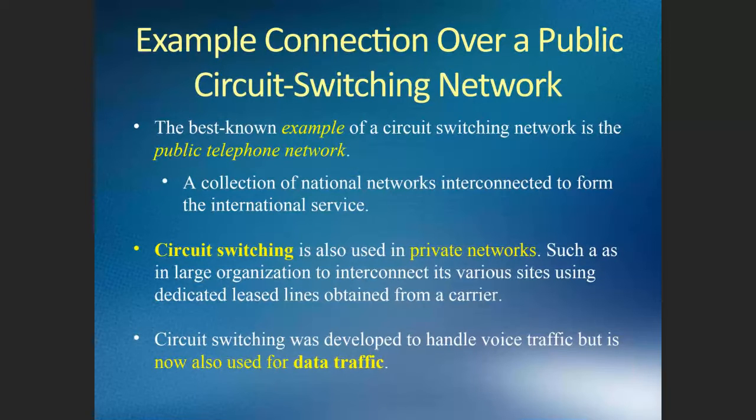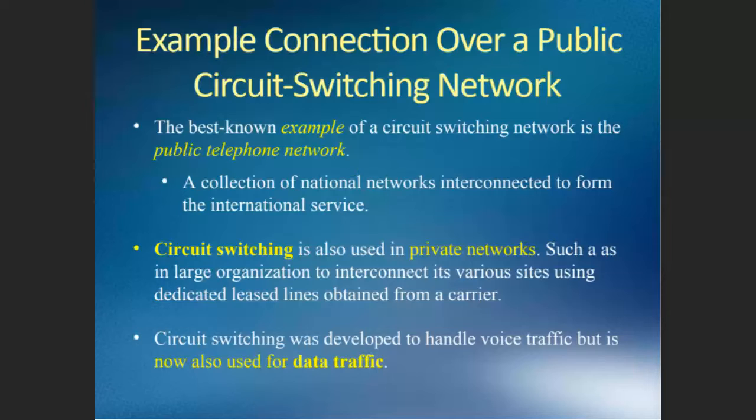So these are examples of connection over a public circuit switching network. The best known example is the public telephone network, PTN, a collection of national networks interconnected to form the international service.